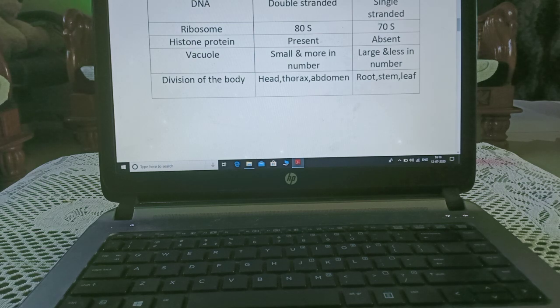Vacuole: in animals small and more in number, in plants large and less in number. Division of the body: in animals the body is divided into three parts, that is head, thorax and abdomen, in other words head, chest and abdomen, and in plants it is divided into three parts, that is root, stem and leaf.